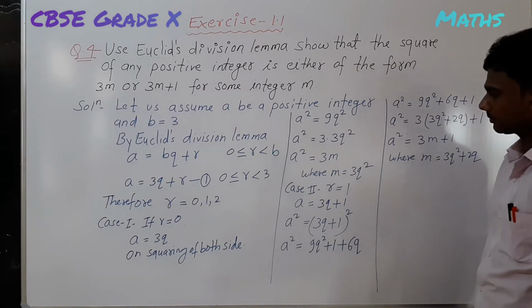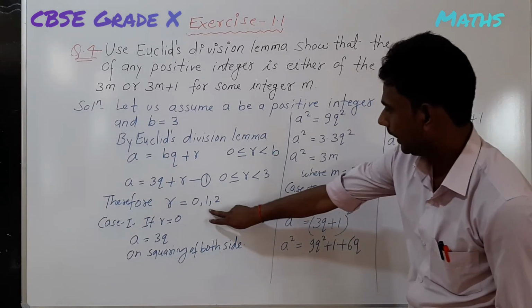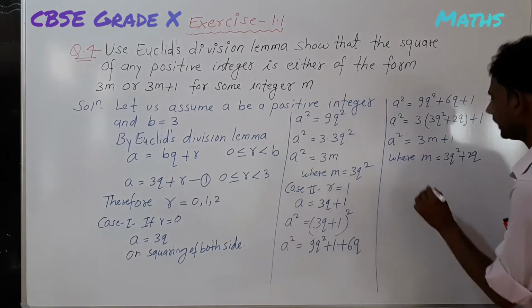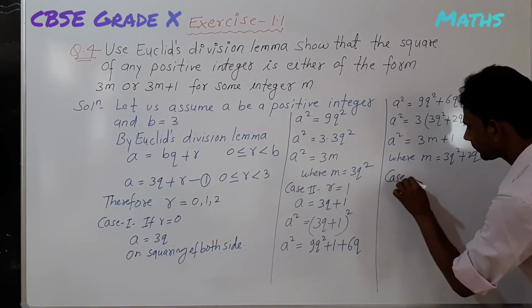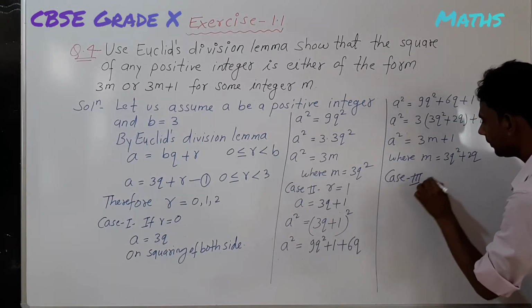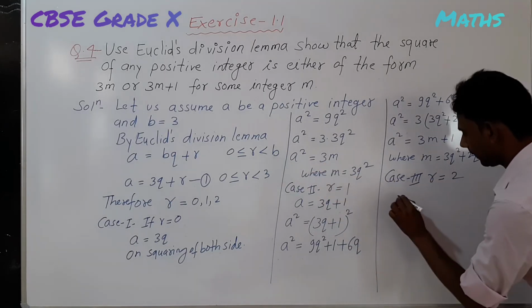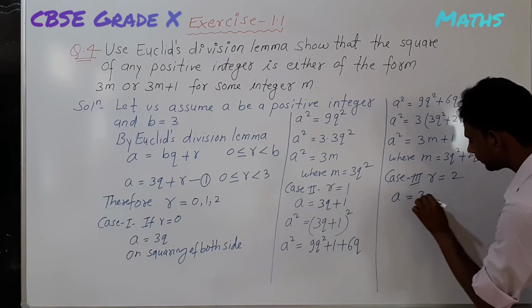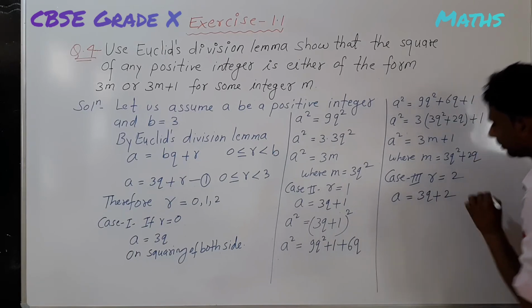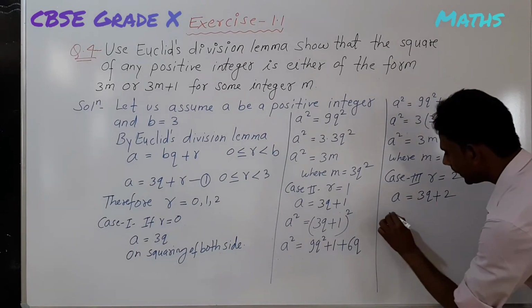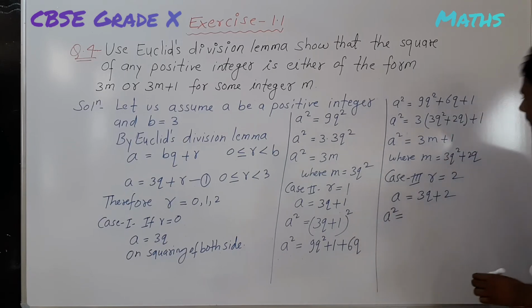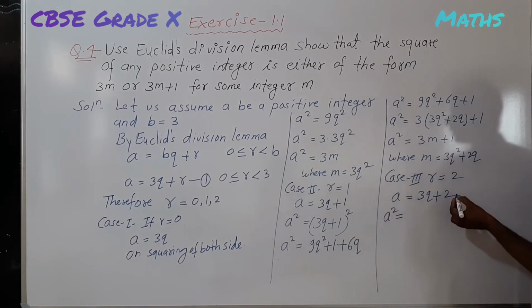Now case 3: if r is equal to 2, then from equation 1, a will be equal to 3q plus 2. Squaring both sides, a square will be equal to 3q plus 2 whole square.